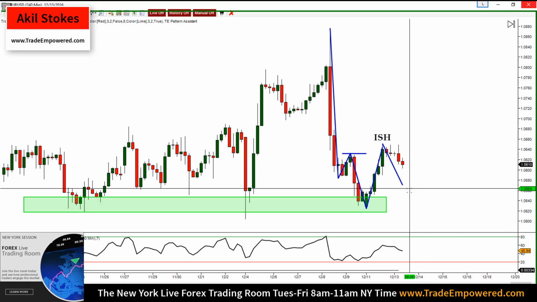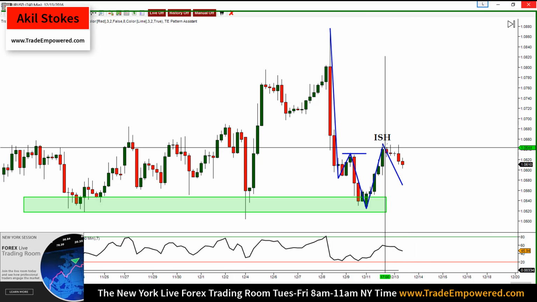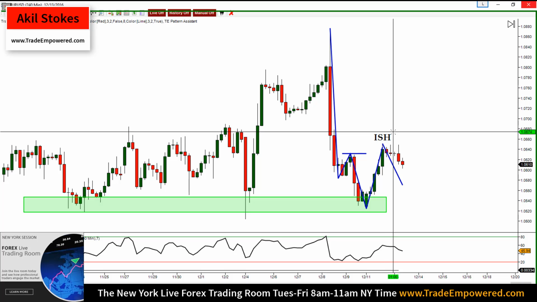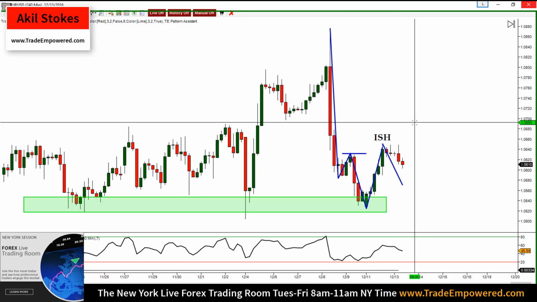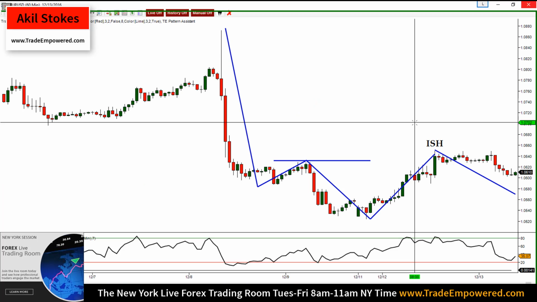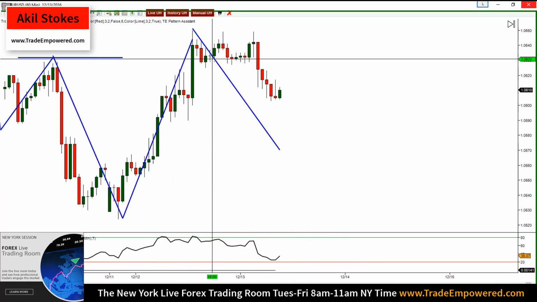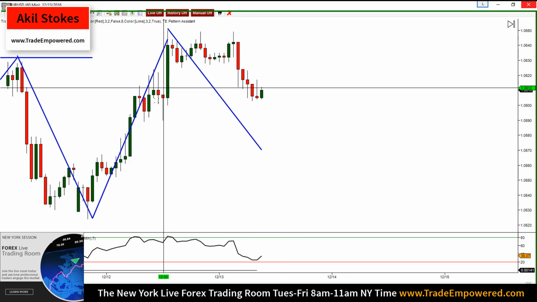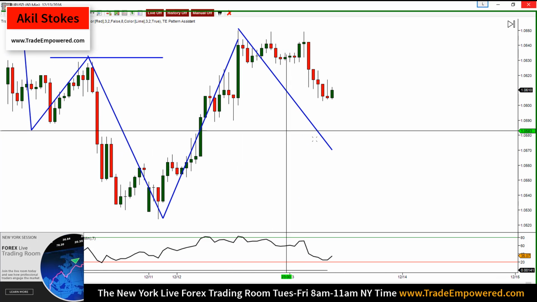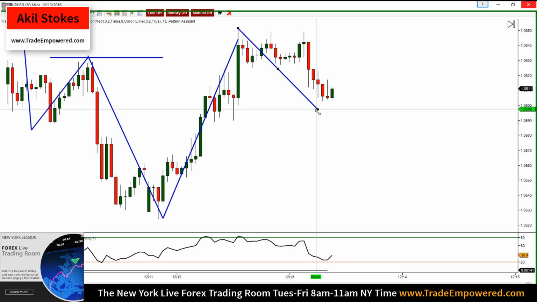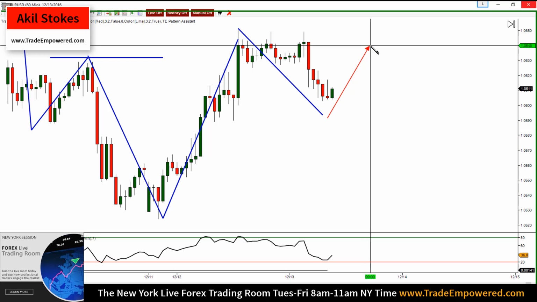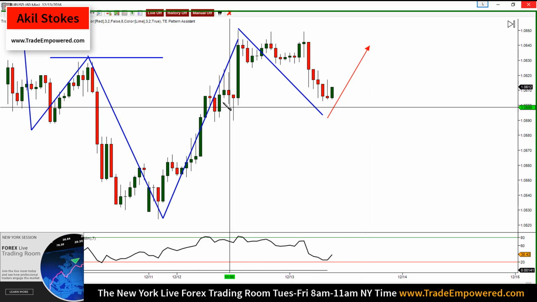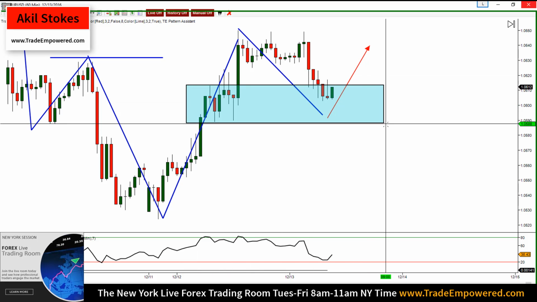So we have an initial structure high. So we don't have a true bullish trend yet, but we're in a bullish rotation. So one can anticipate, hey, if I want to hop on a potential bullish move, I would try to do so right here at this previous level of consolidation.